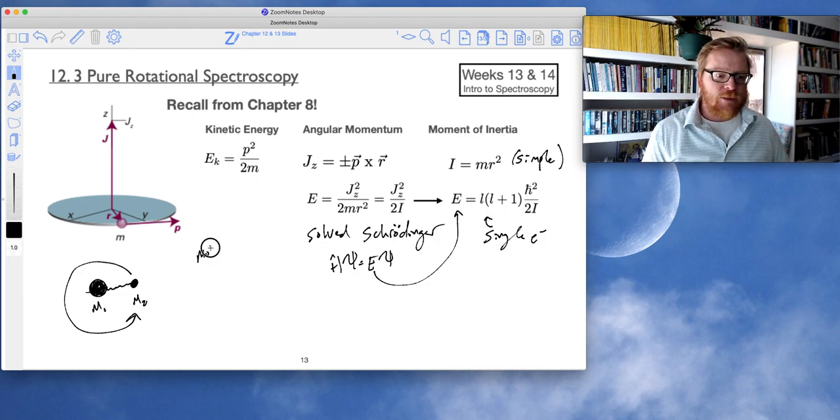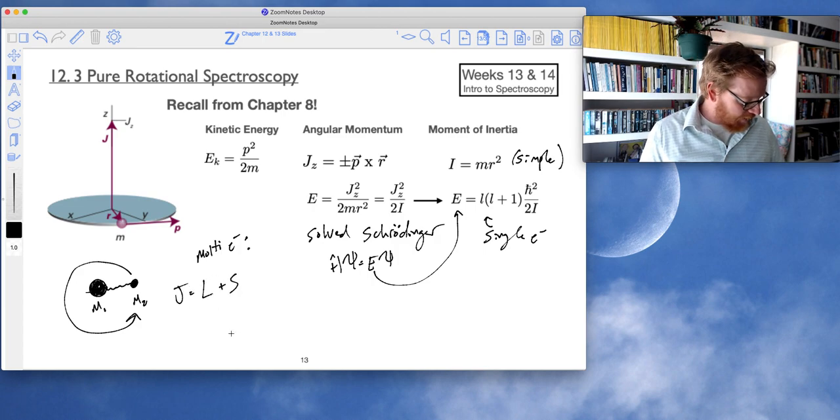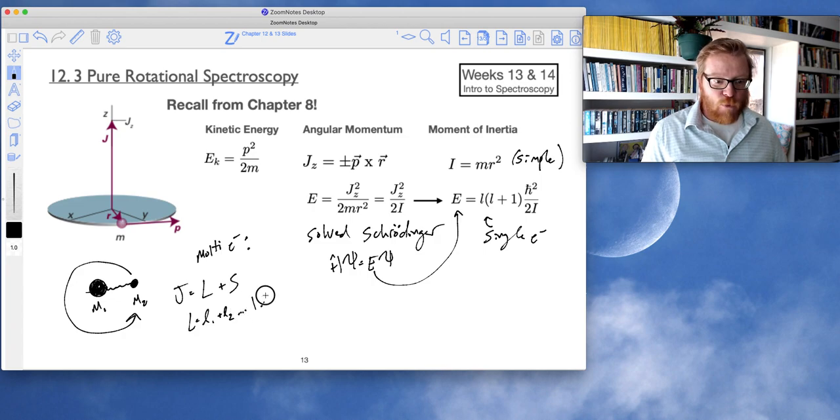And so for a multi-electron system, recall we have to use quantum number J, which is capital L plus capital S. And we remember that capital L is the Clebsch-Gordan series for all of the small l values.